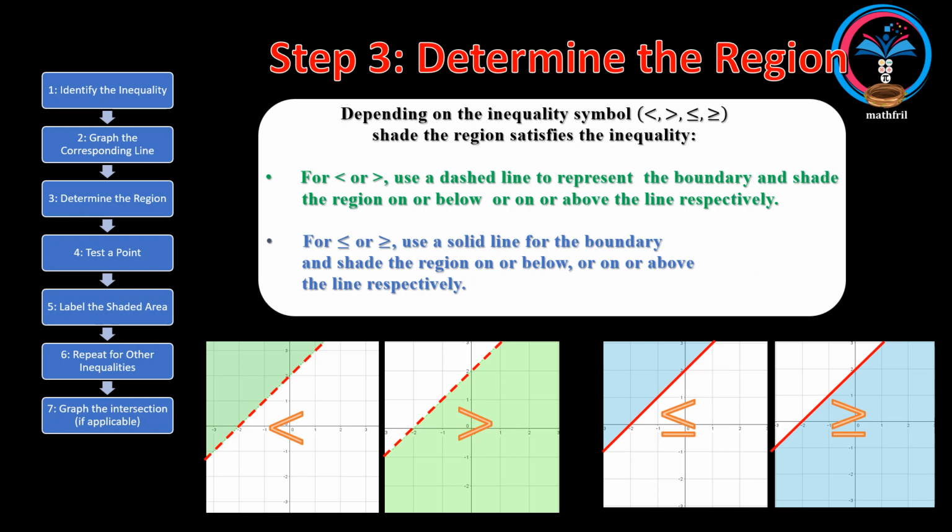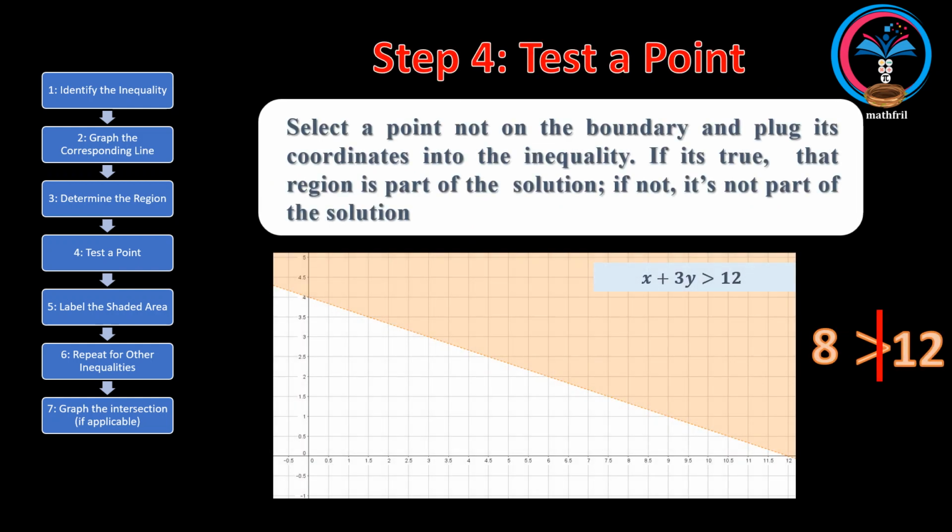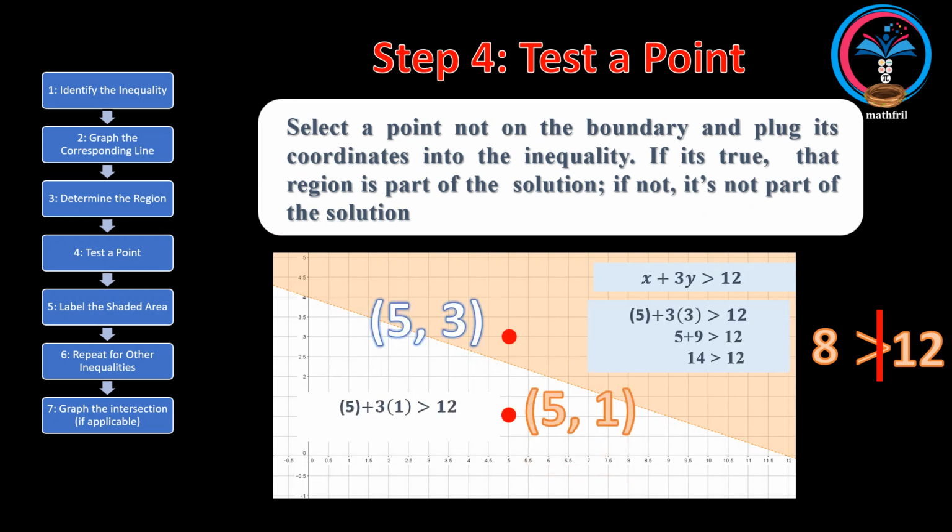Okay, now let's proceed to step number 4. Step 4, we have to test the point. In testing the point, I will show you the idea here. Notice that we have two points here, the (5, 3) and the (5, 1). The (5, 1) does not satisfy the inequality because 8 is not greater than 12.